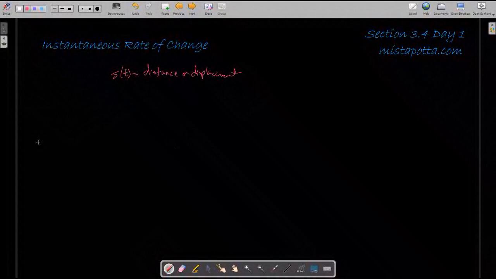If this is true, then S prime of t is the instantaneous rate of change of distance. So if my distance is changing, this is velocity.